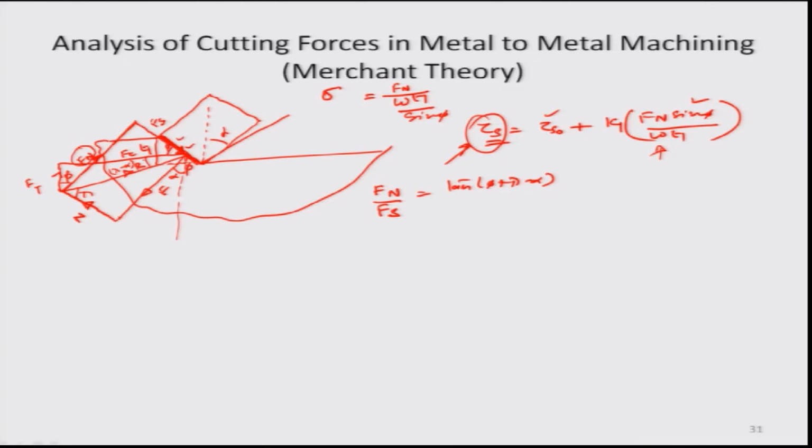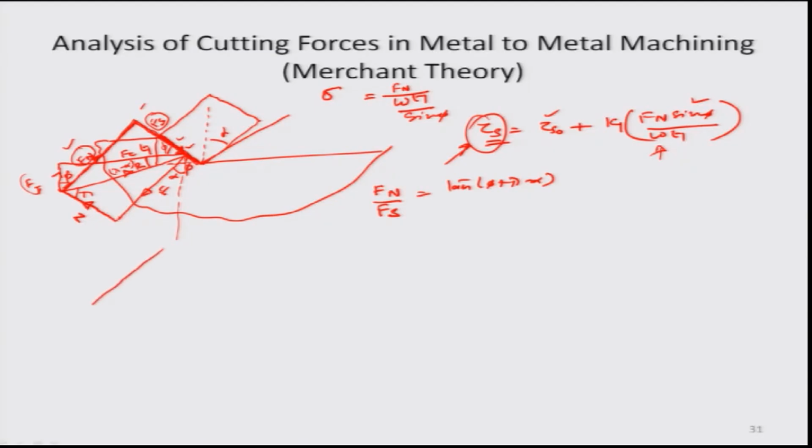So, obviously, the total angle between Ft and Fs in this right triangle would be phi plus lambda minus alpha. This is the total angle of the force triangle corresponding to the normal force in the shear plane and the shear force.